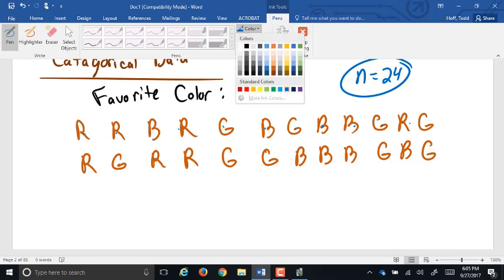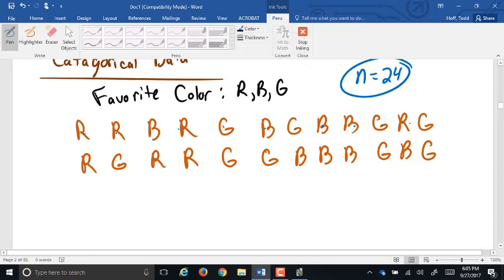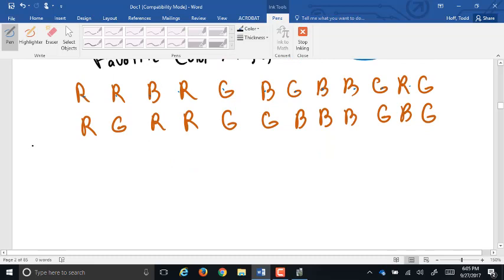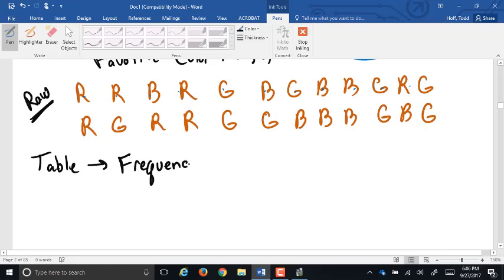When it comes to categorical data, there's really only one first level of organization. The first level of organization, from the raw data, is to put it into a table. And about the only table that's really statistically valid is called the frequency table.